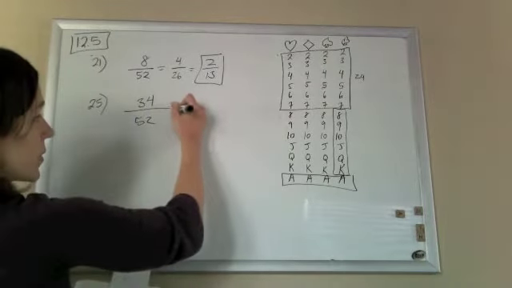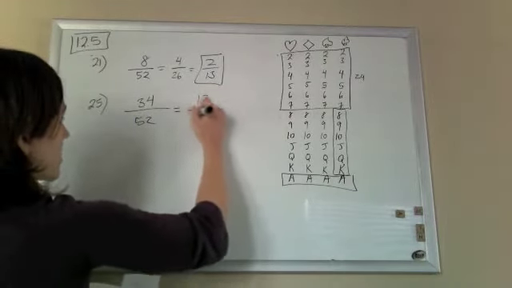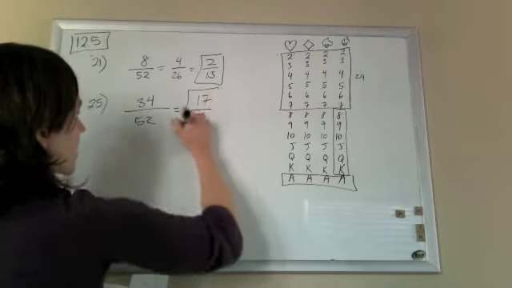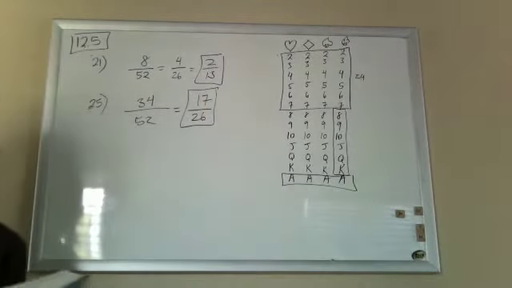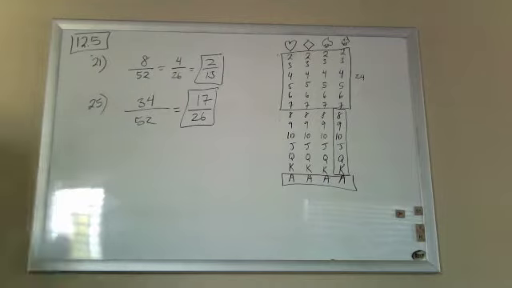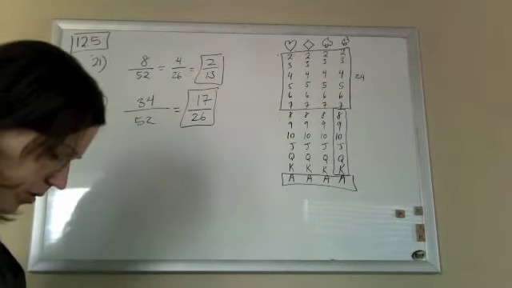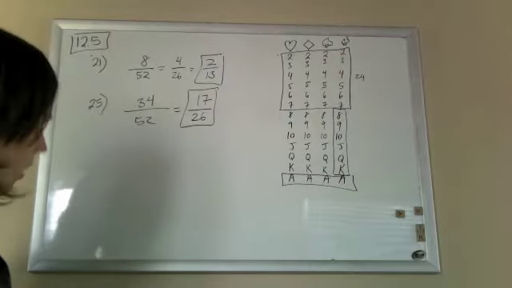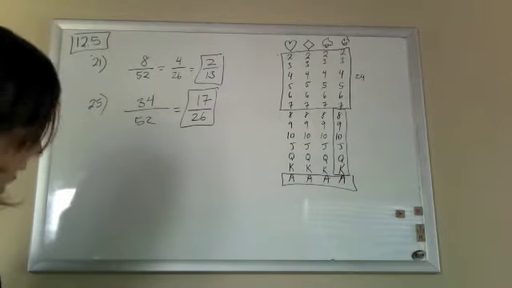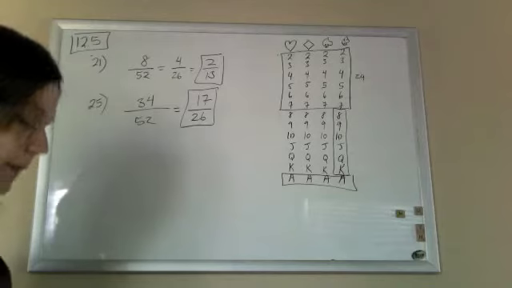So that'll simplify to 17 out of 26. That should be my answer. And I've got the answers printed out over here, so I can just check to see whether we're good. 25, 17 out of 26. Perfect. All right, good so far.